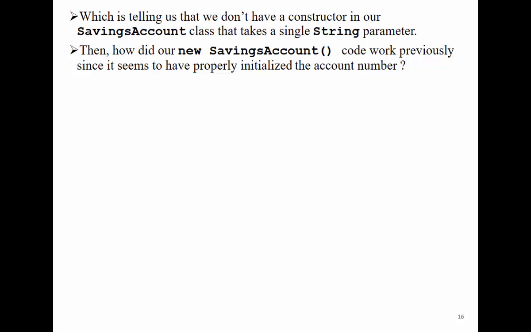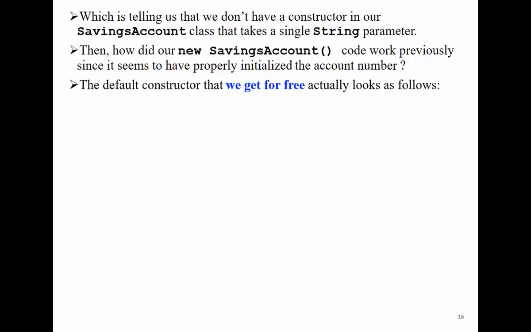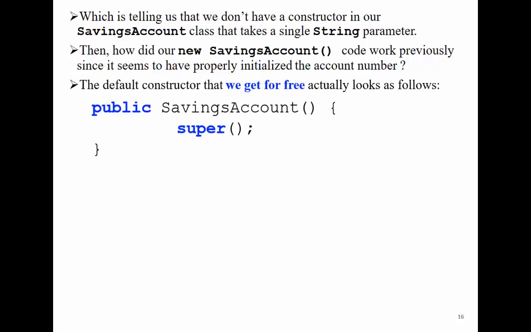So that's exactly what this slide explains, how the initialization of the bank account works. We got the free charge constructor, which is exactly like this. Public saving account. If you didn't provide the constructor with no argument, this constructor will be inserted automatically by Java. It will not be visible to you, but this is what Java will use to call. And you can see here super.